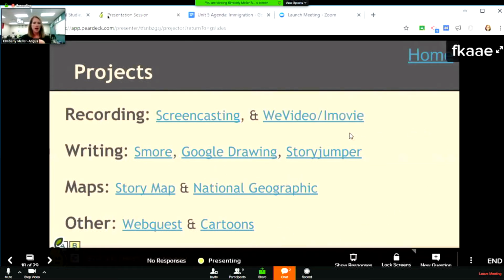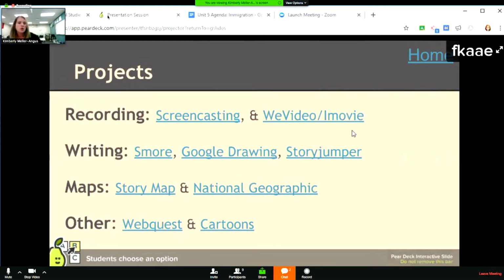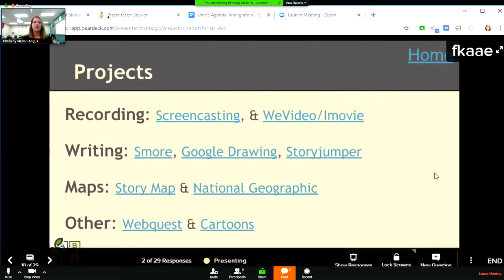Next, I have many different project options. And again, I'll probably go through just a few of these. Please vote for which kind of area you want to go through first.